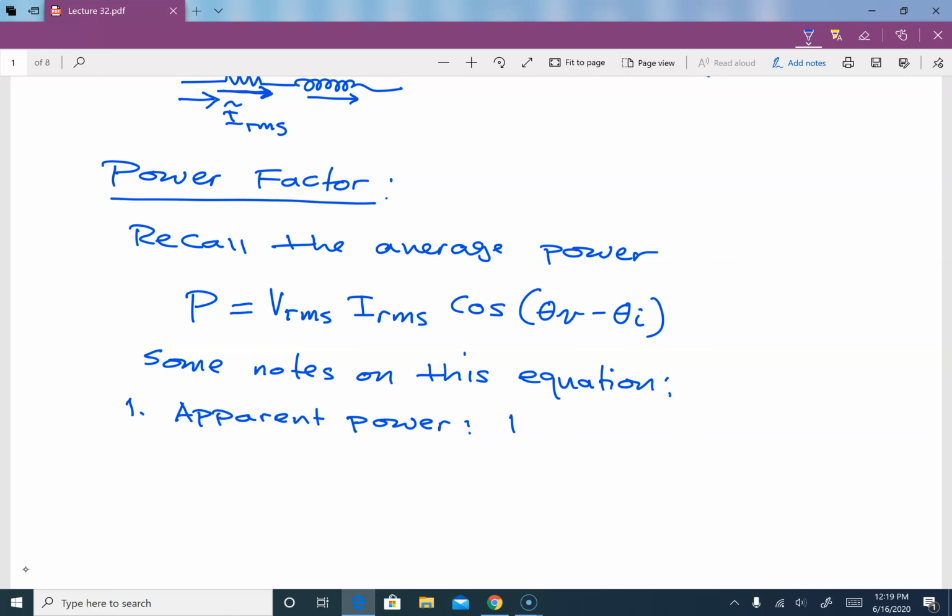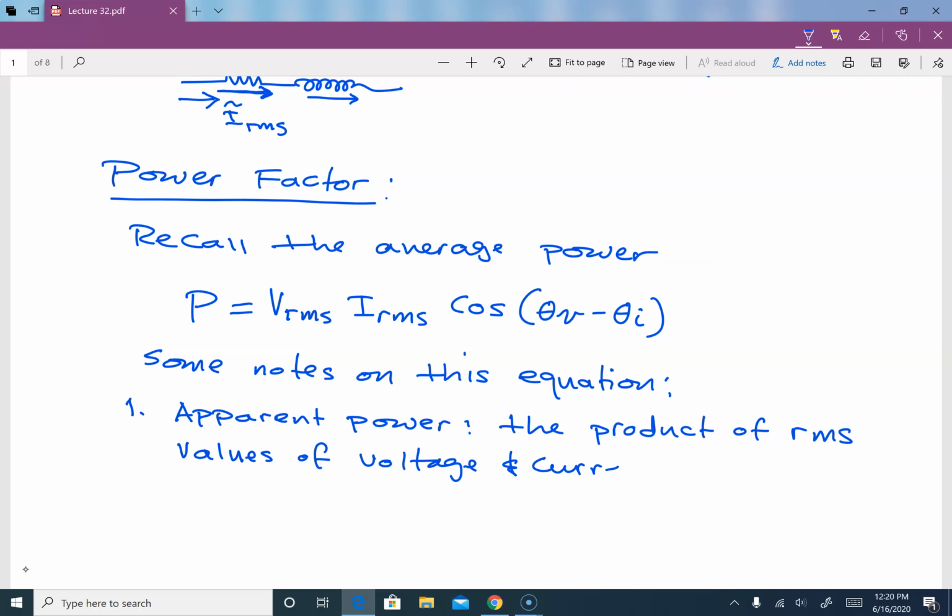Our apparent power is the product of RMS values of voltage and current, and it is measured in volt ampere, which is just simply VA.